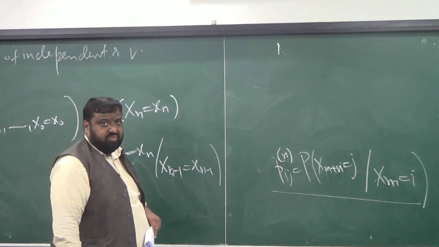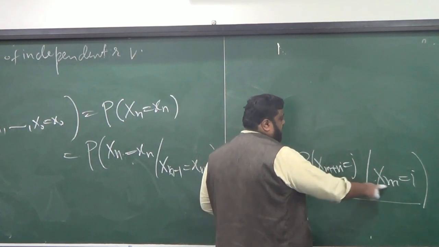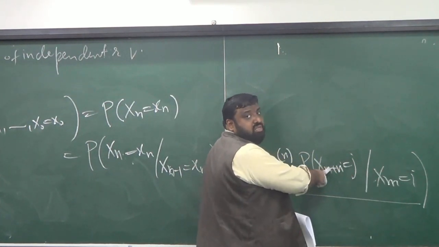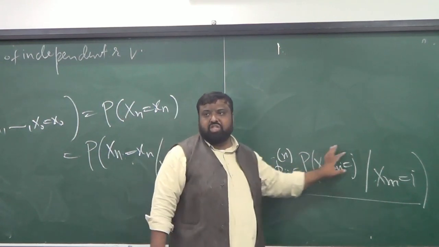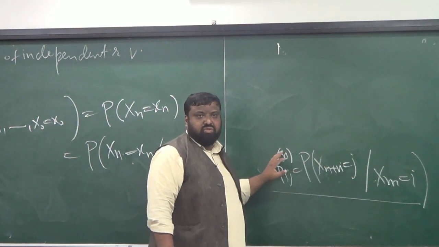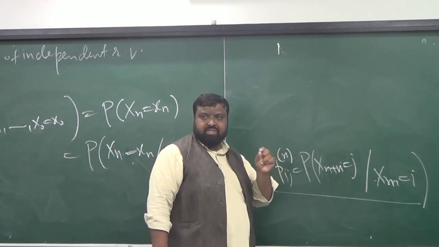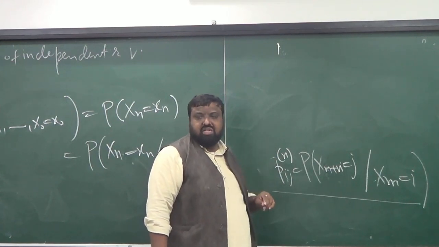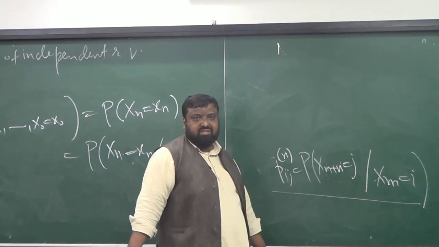In other words, if you compute this probability from 0 to 1, or 1 to 2, or 2 to 3, it should be the same and shouldn't change. Therefore you call it homogeneous. It depends only on the number of steps, and doesn't depend on where you start.